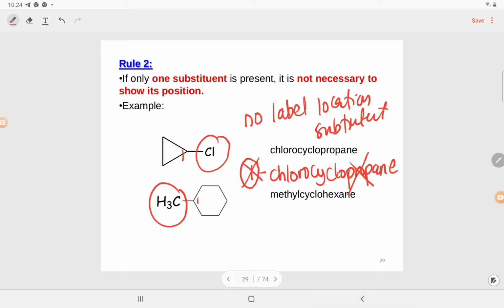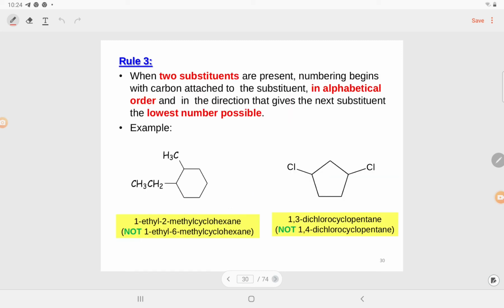In a cyclic compound, the substituent group is always at the lowest position of carbon. So we just accept the name chlorocyclopropane.